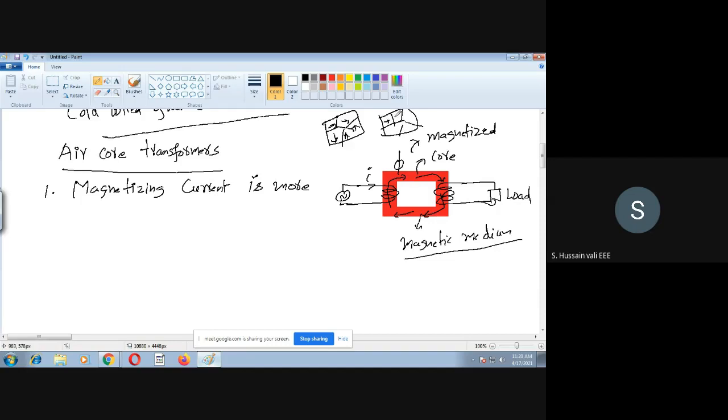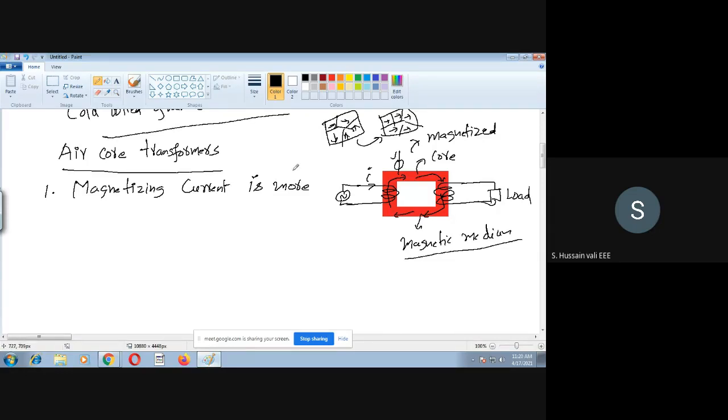All are in the same direction, maybe from left to right or right to left or top to bottom, whatever the direction, but all the domains will be in the same direction. So you need some current to make the unmagnetized core become magnetized. Why do you need some current? Because that current will produce some flux, and that flux is necessary to magnetize the core.